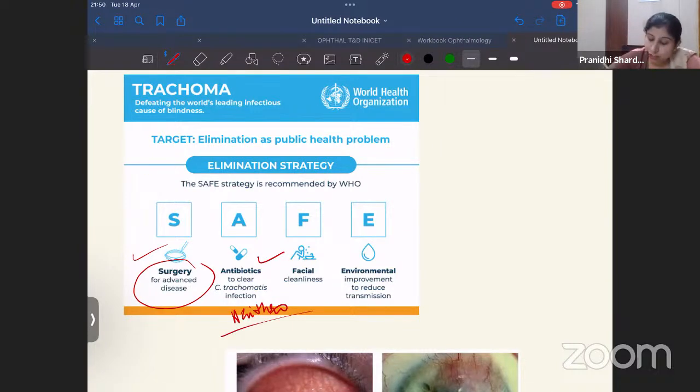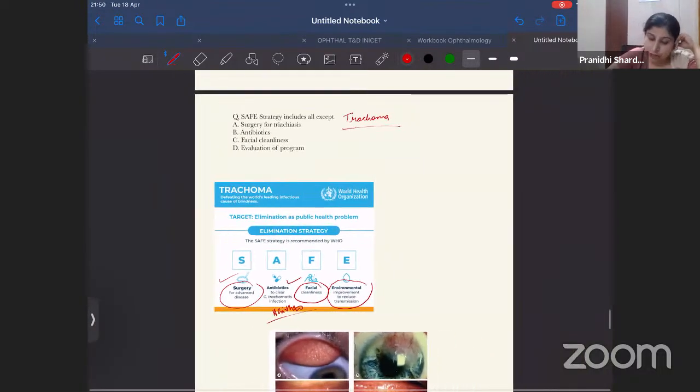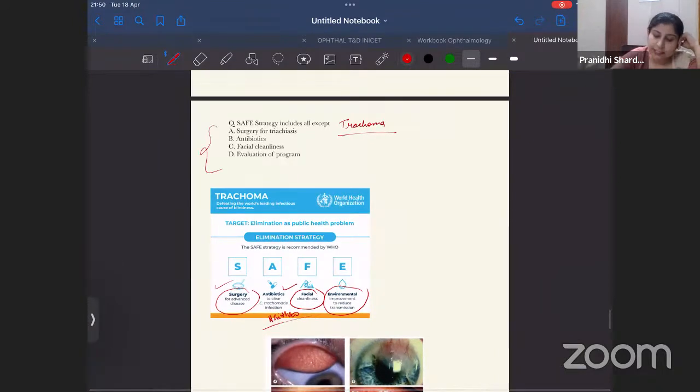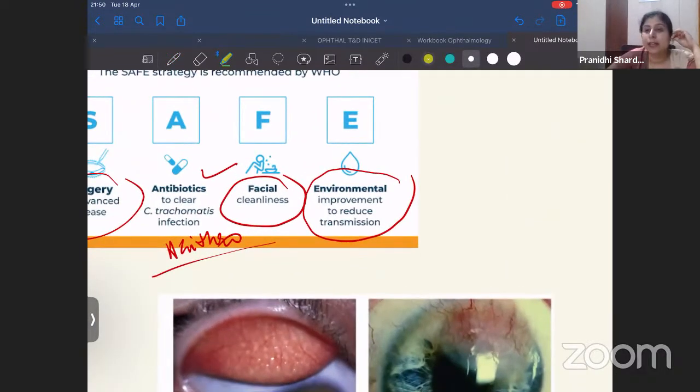F is facial cleanliness, and E is environmental improvement. We know that the fly is a vector of trachoma, so environmental and facial cleanliness are all part of the trachoma elimination program. SAFE: surgery for trichiasis, antibiotics, facial cleanliness, and environmental improvement, not evaluation of the program.